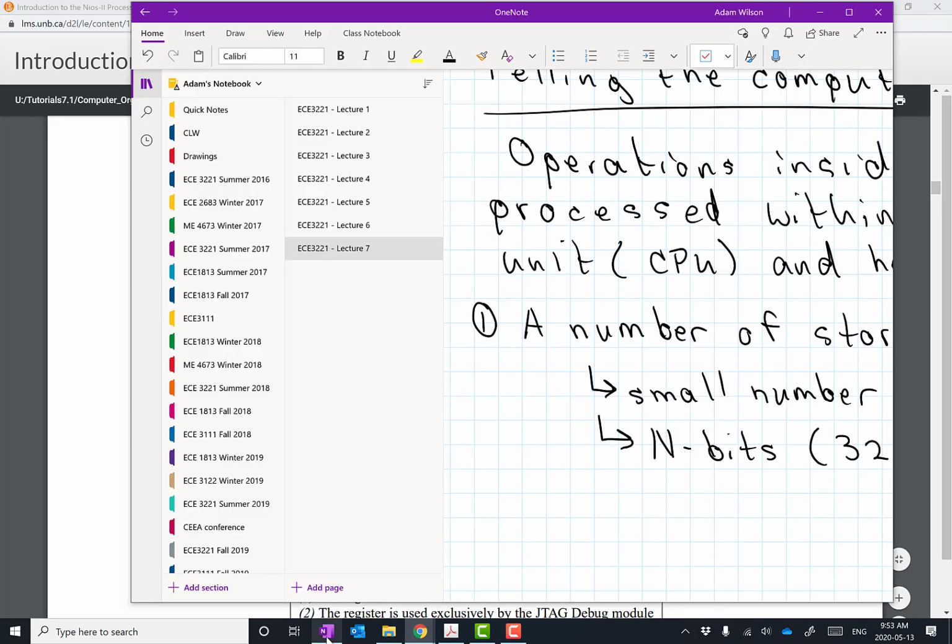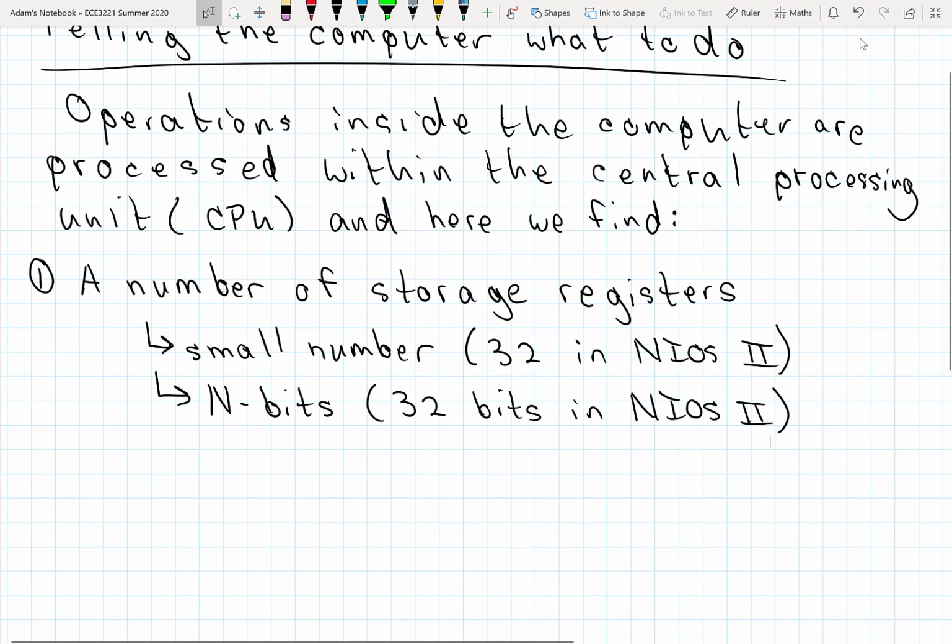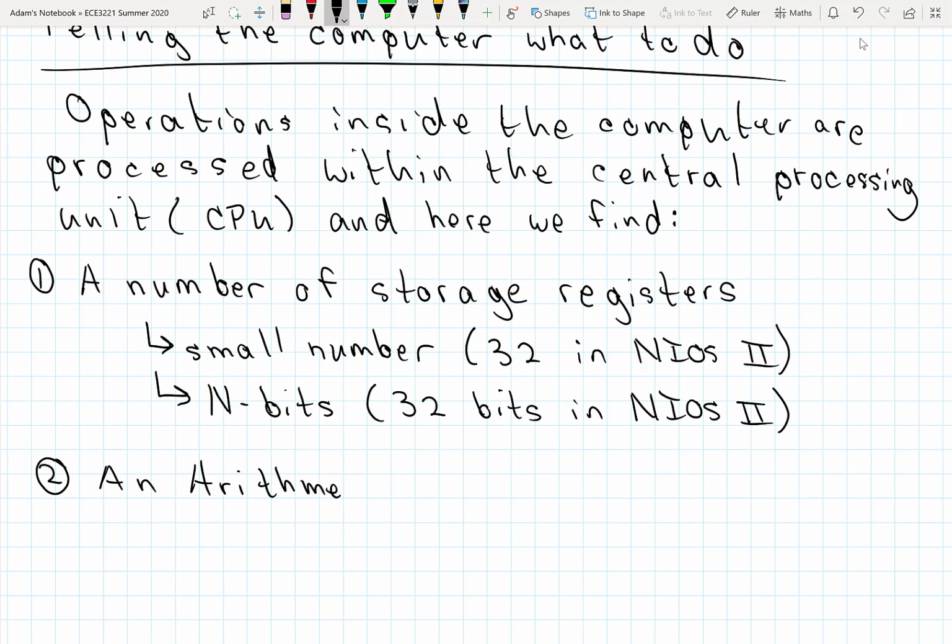Okay, so let's go back and so number of storage registers, one aspect of our CPU or central processing unit. Another important component is our ALU, or our arithmetic and logic unit.